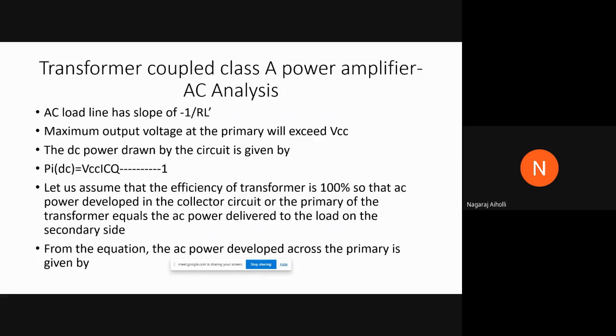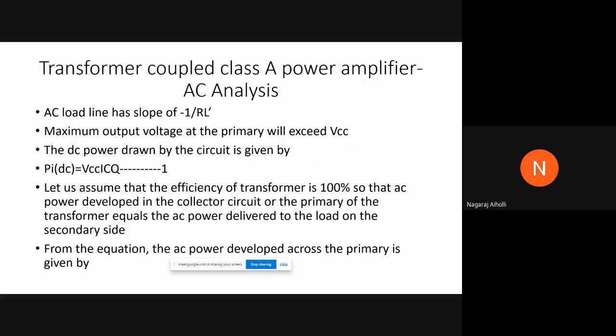Here we are making one assumption. We are assuming that the transformer has 100% efficiency. 100% efficiency means the power delivered to the load is equal to the power output.